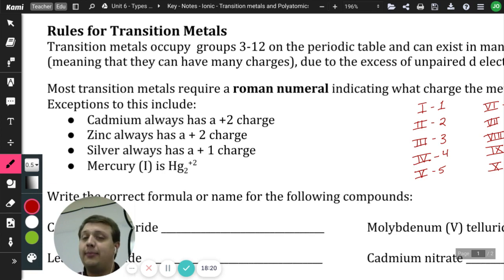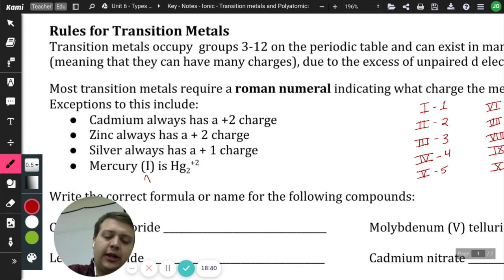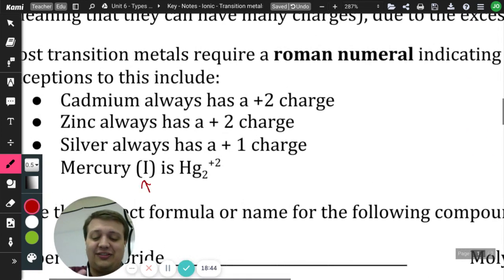Okay? So cadmium is always a +2. Zinc is always a +2, and silver is always a +1. All right? The very last thing is you do have mercury, and mercury is kind of its own thing. And so mercury 1, which you're like, okay, well, that's got a charge of 1, but this is actually mercury 1.